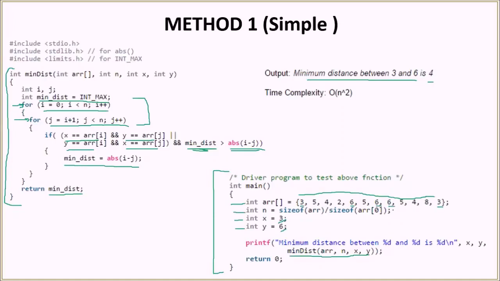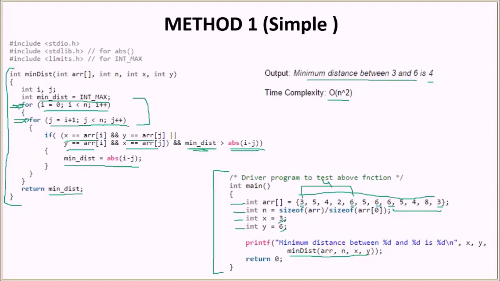So the distance between 6 and 3 is 4 here, and the distance between 3 and 6 here is also 4. So the minimum distance will be 4, right? So this algorithm is working perfectly fine. The time complexity will be order of n square, which is pretty evident from the use of two loops here. So yeah, that's it.